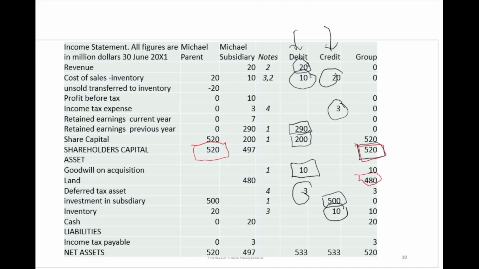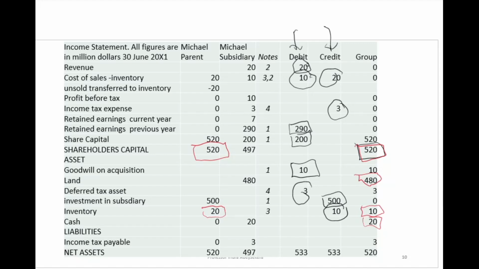Our inventory is showing up now as 10 million, which was the original value. Our cash, which is in Michael parent, is still there as 20 million because it was not used.